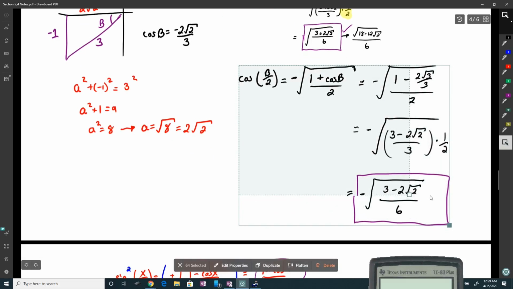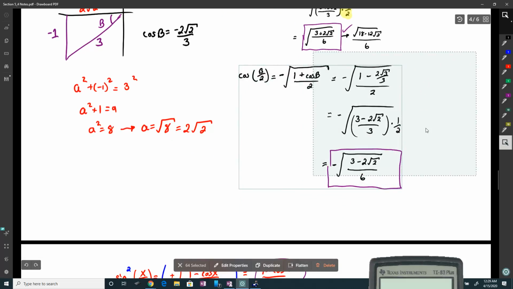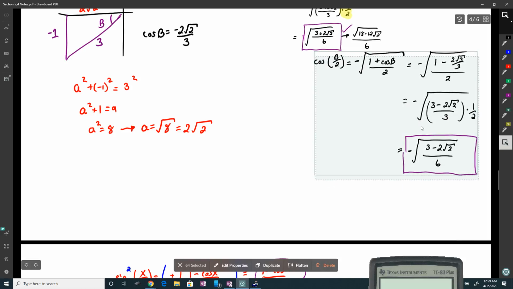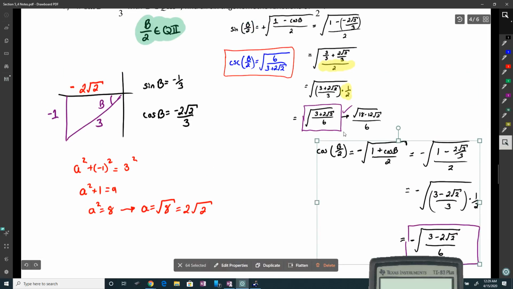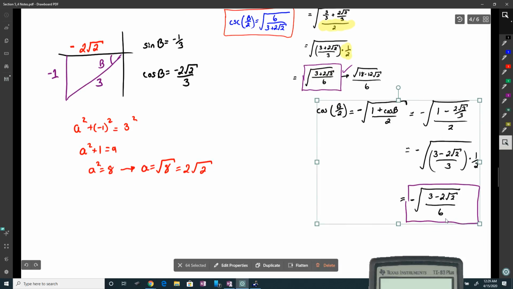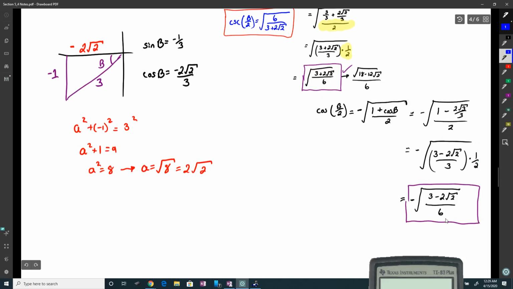And then for tangent, I'm just going to use the formula because I don't want to have to deal with sine over cosine because it's over, and that's not fun. So this is secant of b over 2, and we just flip it.